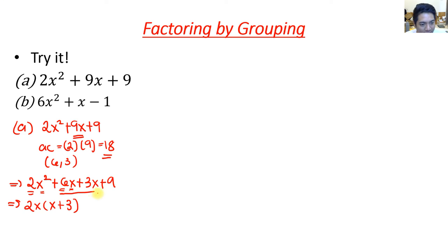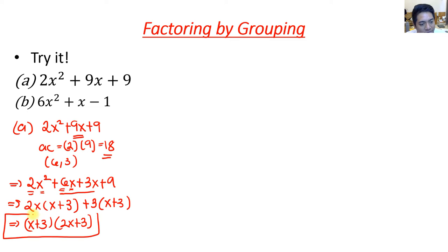How about this? For 3x and 9, I can factor out 3, leaving x plus 3. As you can notice, both x plus 3 are common, so we can factor it out. This becomes x plus 3 times 2x plus 3. So this is the factored form.